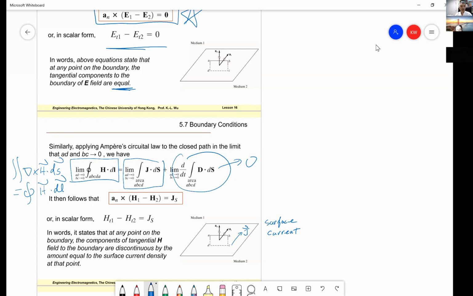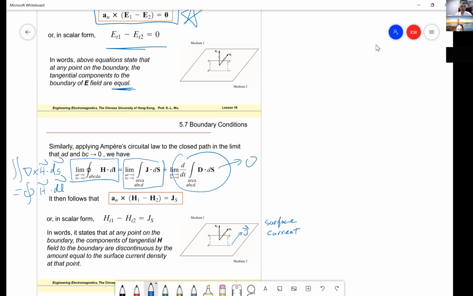One is, for example, if this is a perfect conductor with very high conductivity, the current only flows on the surface, because it cannot go inside when the frequency is high, since we already justified the skin depth is on the order of micrometers. The EM wave cannot go into the conductor, and neither can the current. So the current only stays on the surface.